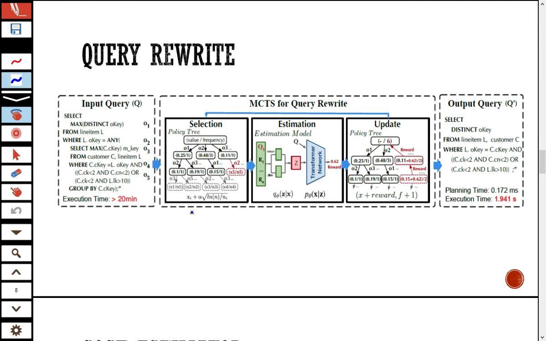The basic idea is that a policy tree is built. Under selection, you can see that we have a policy tree, where the root node is the original query and the child nodes are the rewritten query from its parent by applying a rewrite rule. Second is the estimation. It estimates the potential benefit of a tree node, an intermediate rewritten query, that may be rewritten further by other rewrite rules.